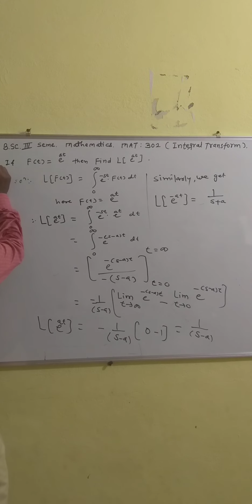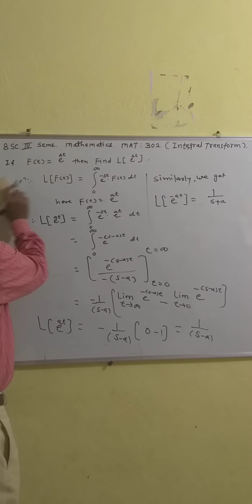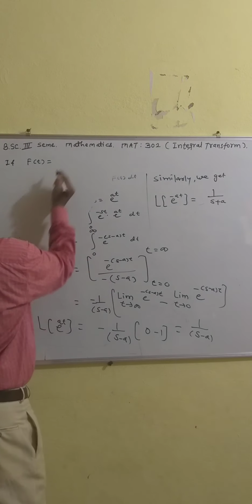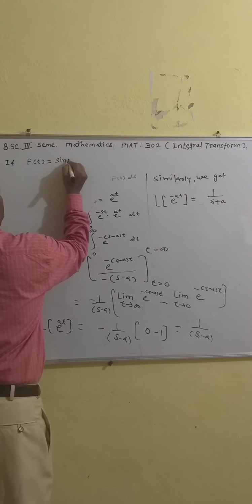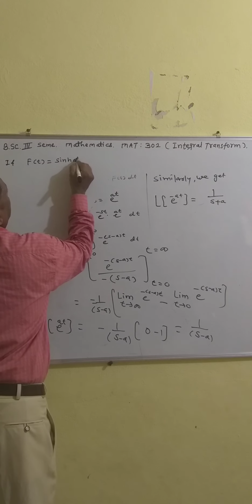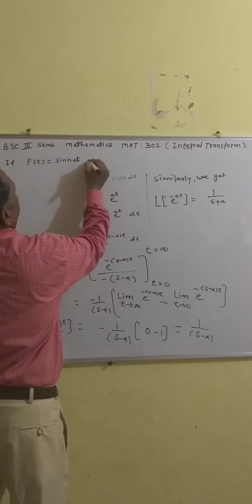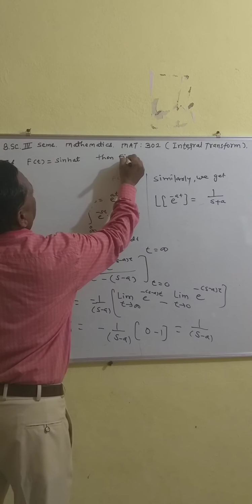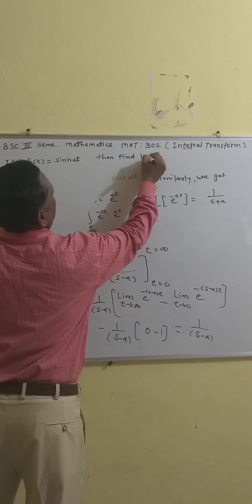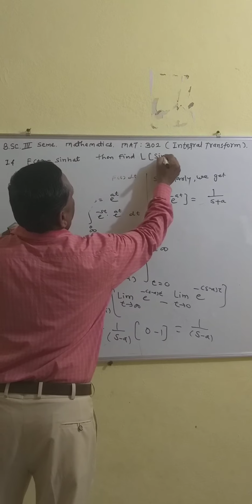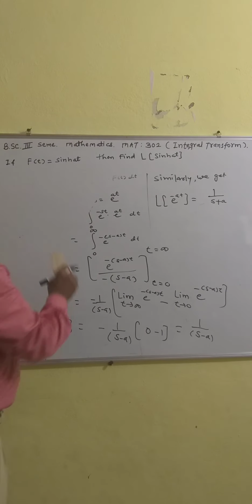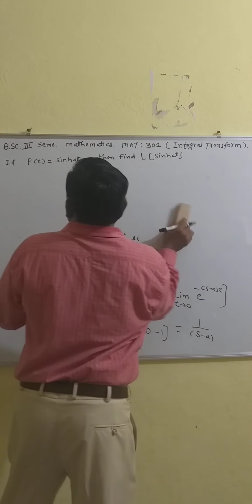Next formula: if f of t is equal to sin hat, then find the Laplace transform of sin hat. h means hyperbolic sin at, hyperbolic sin at.